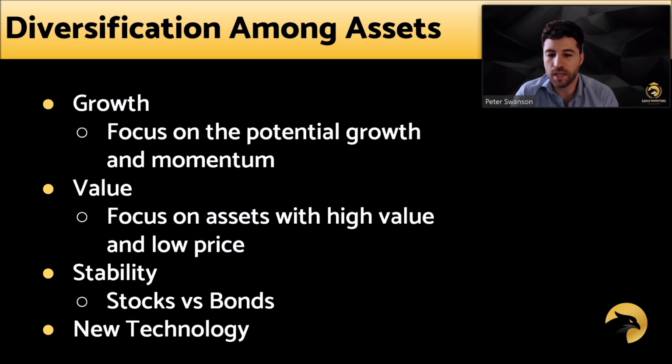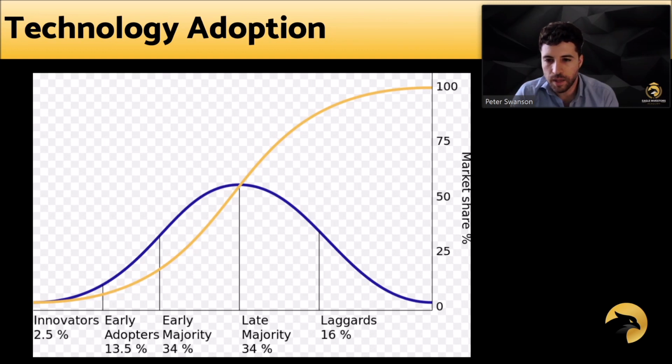Stability, you look at stocks versus bonds. Stocks have a little bit less stability than bonds, but bonds have lower returns. And then new technology, as we mentioned earlier, with growth focus. Thinking about the technology adoption curves, there are a few innovators in the beginning, a few early adopters, and then the early majority, followed by the late majority and the laggards.